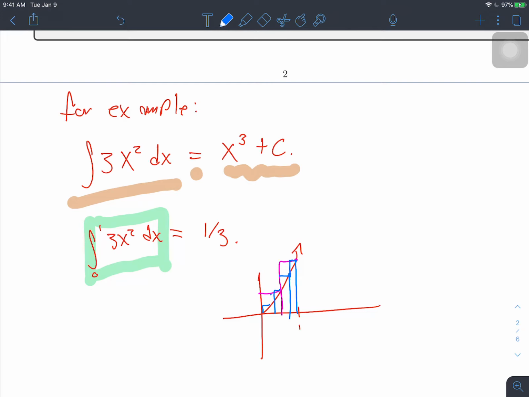So, definite integral, you get a number. Indefinite integral, we get a class of functions. Class is just like the math word for family of functions, okay?